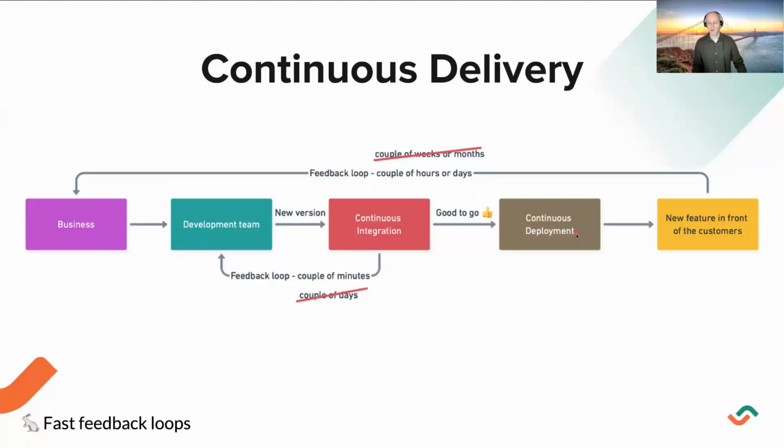So continuous deployment is a process where you are shipping your features and changes in front of the customers as soon as they are passing all the tests and criteria that are set here, and that process must be fully automated and must be a single click of a button.